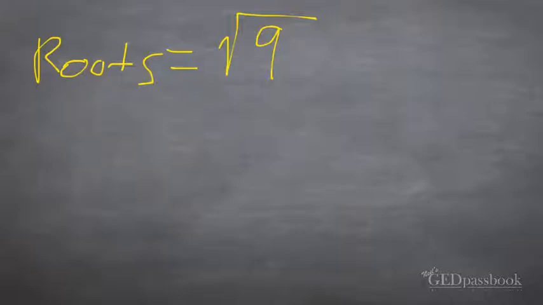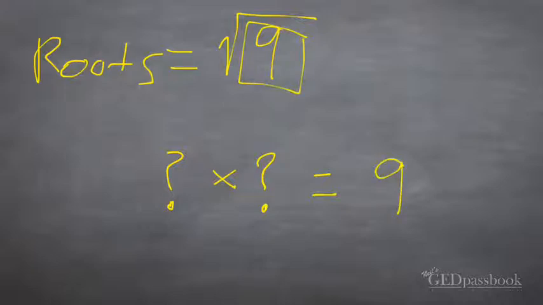You are technically asking yourself here, what number, when multiplied by itself twice, creates 9? That's what you're asking for. So you tell me, you guys, what number multiplied by itself twice creates that number 9?